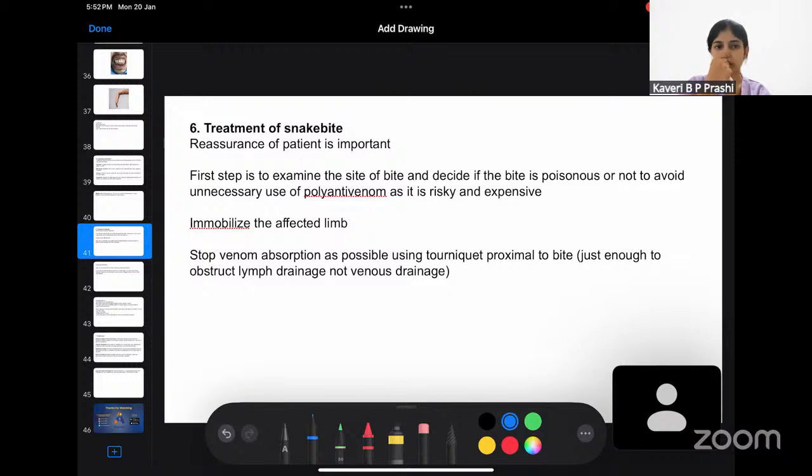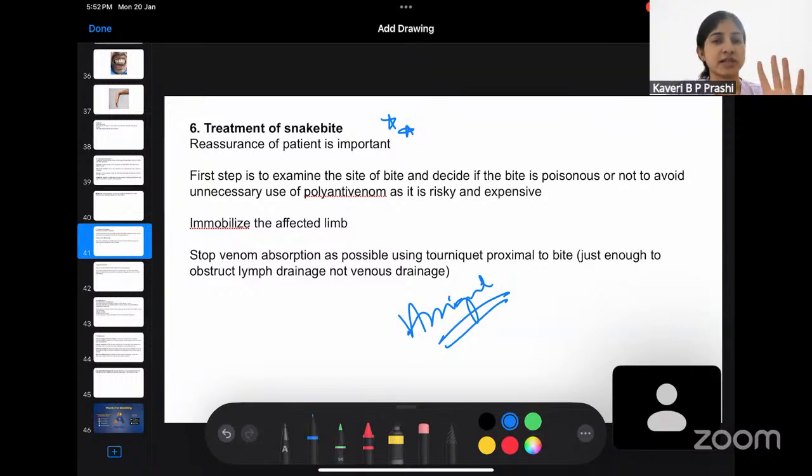Coming to the next question, treatment of snake bite. So this is also an important question that you have to know. One assignment for all of you is to go back to the chapter of snake bite and read about the classification of snakes, okay? There are elapidae, there is hydropidae, there are 3 types of snakes: myotoxic, then vasculotoxic, and then neurotoxic. Read about them, read the examples of the snakes, and see the clinical features that occur in each of these.